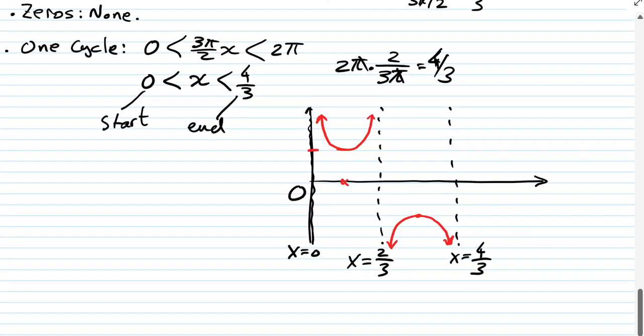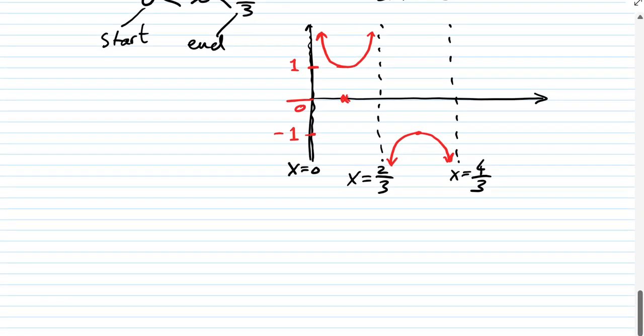The low and high points are here right away. This point is 1, the y component of the point, and here the y component is -1. There's 0. Halfway between 0 and 2/3 is where the high point is, so half of 2/3 is 1/3. Each tick mark is 1/3.